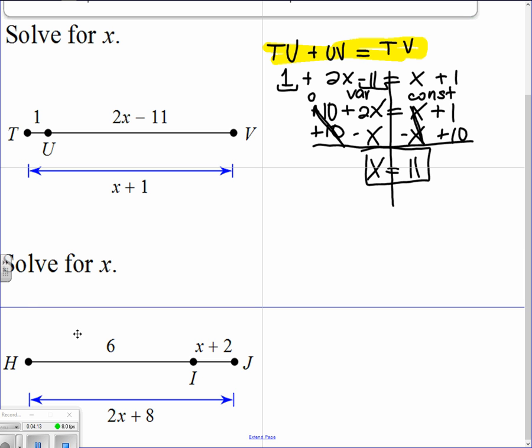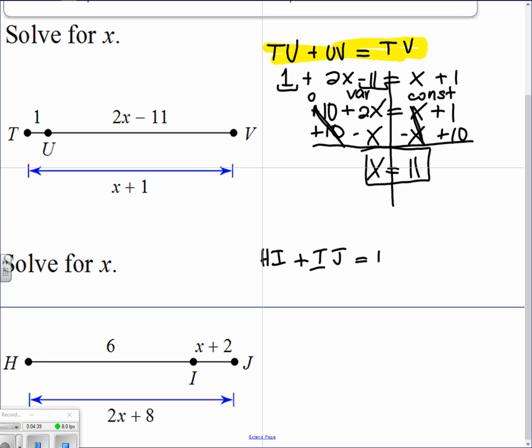They're asking you to solve for x, same idea. So I'm going to start with the little pieces added together. They should be equal to the whole thing, all of them together. So one of your pieces is HI, and the other little piece will be IJ, and that's equal to the whole thing.